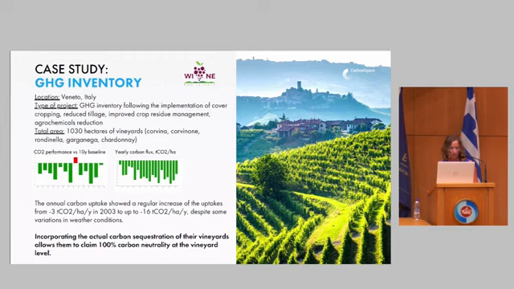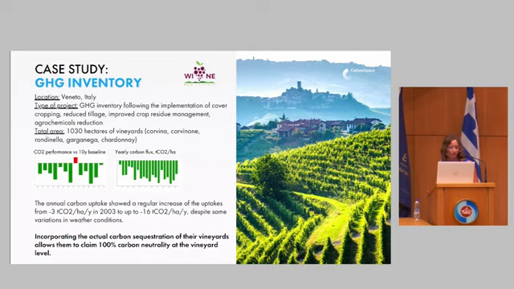I can also tell it in figures: it started from 3 tons of CO2 per hectare per year in 2003, and it reached 16 tons of CO2 per hectare per year, despite, of course, some variations in the climate that can also affect the performance of a specific year if there is a drought or a lack of rain or a disease or whatever.